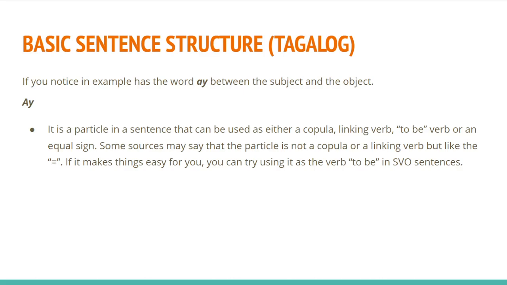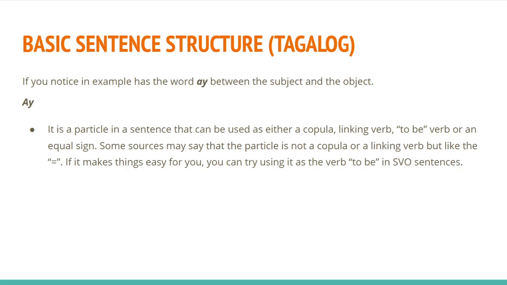Maybe some of them believe otherwise, but for me it is really like a linking verb. Why? We would like to connect the noun or the pronoun to be able to describe it. You want to know what the statement is all about, like you want to know the description of the subject.